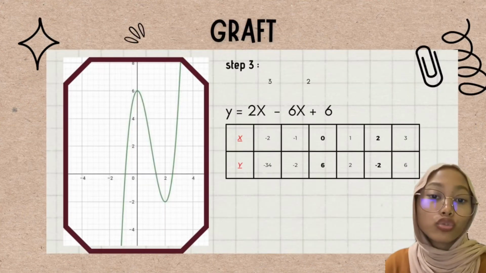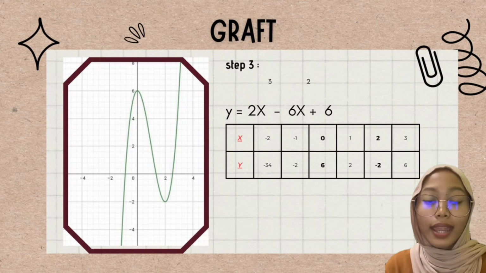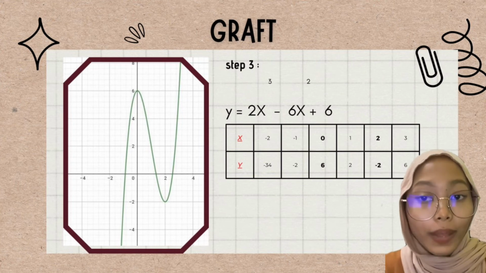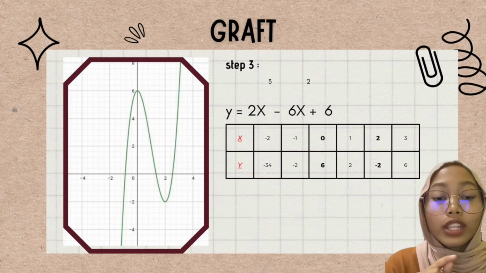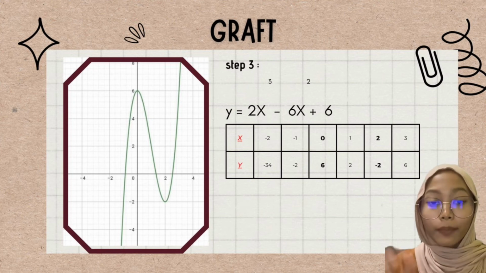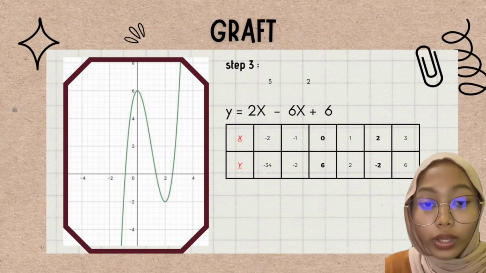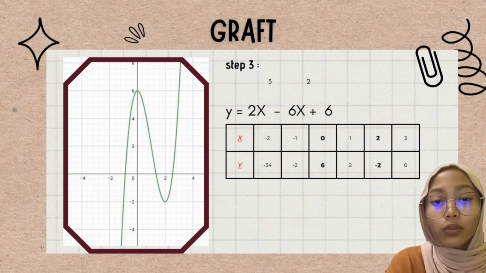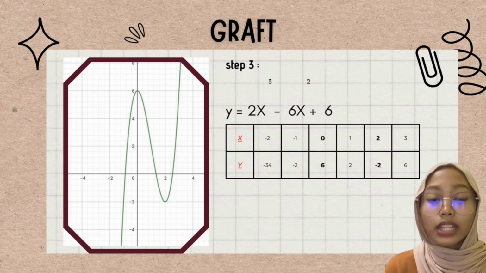Step 3: y equals 2x power of 3 minus 6x power of 2 plus 6. We need to draw a table for x and y. Like in step 2, we got the points 0, 6 and 2, -2.